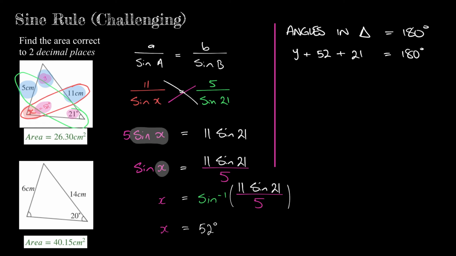So y plus 73 is equal to 180. So y will be equal to 180 minus 73. So 180 take away 73 leaves you with 107. Okay, so I know there that y is equal to 107.